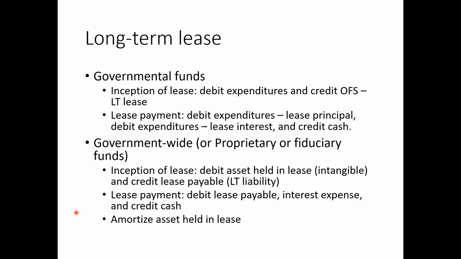Now, we also have long-term leases. How do we record a long-term lease? In the governmental fund, a long-term lease will be reported as an expenditure: we debit expenditures and credit other financing source, long-term lease.